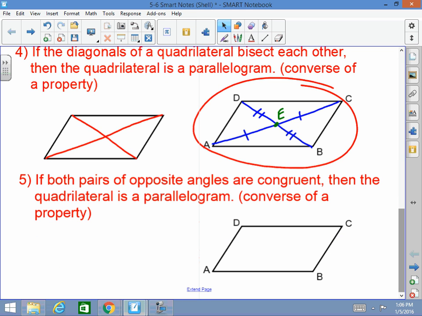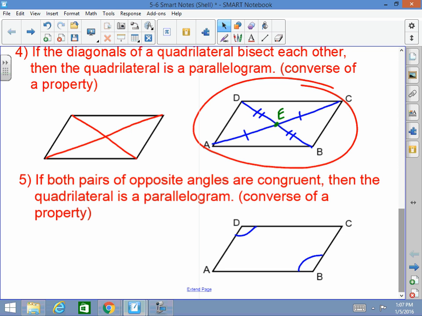And then number five, if both pairs of opposite angles are congruent, then the quadrilateral is a parallelogram. So if this is congruent to that, then it's a parallelogram. And then again, Mr. Morrow, squares have that property.